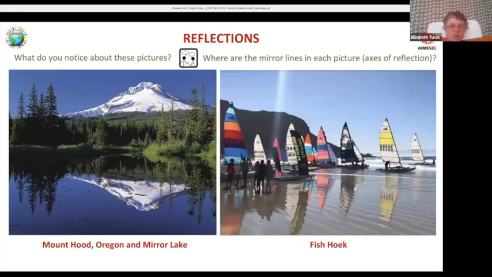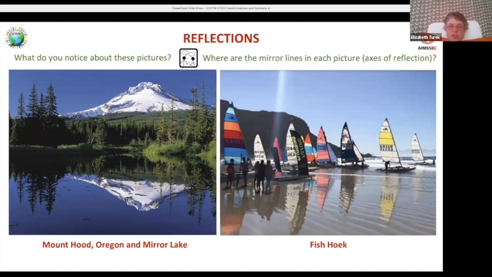So what do we notice about these pictures, and where are the mirror lines in each picture? So we've got a lovely picture of Mount Hood, Oregon, and the Mirror Lake, and we can see that there's a hill with snow on it and some grass and some trees in front. And you can see that reflection in the lake.